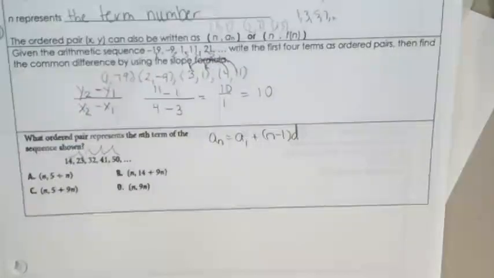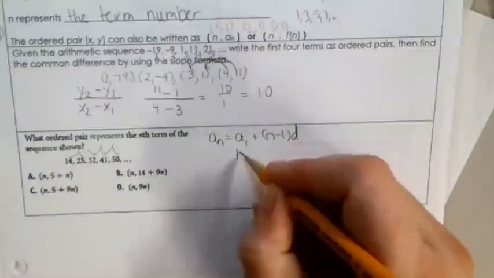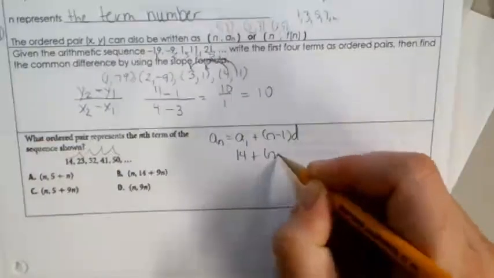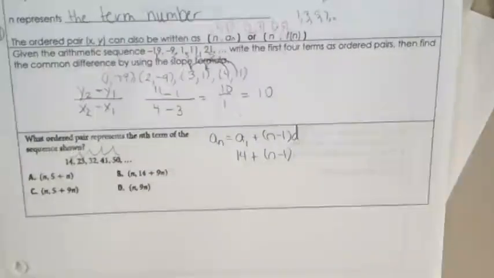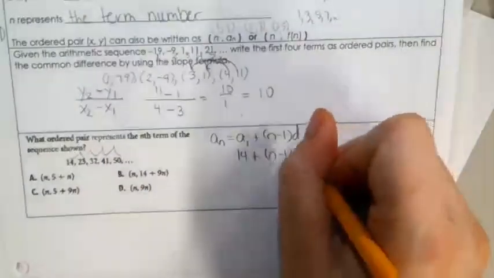The 2 pieces of information that I need are the first term and the common difference. Well, the first term is literally the first on the list, so 14 is the first term. And then the common difference is what I'm adding every time. And of course, if I'm subtracting, it's just adding a negative. So here we said we were adding 9 every time. So this is a 9.